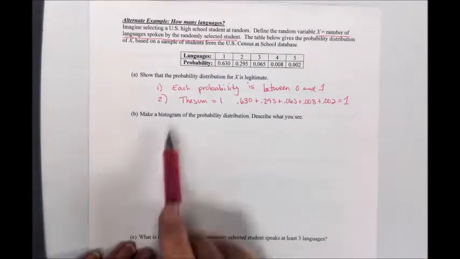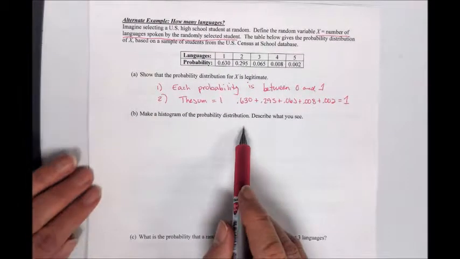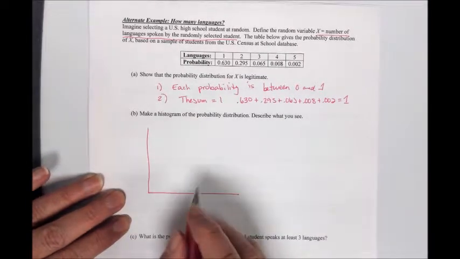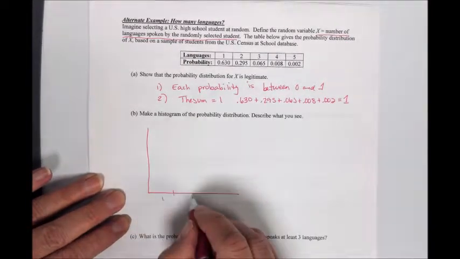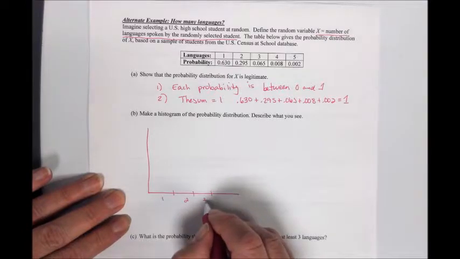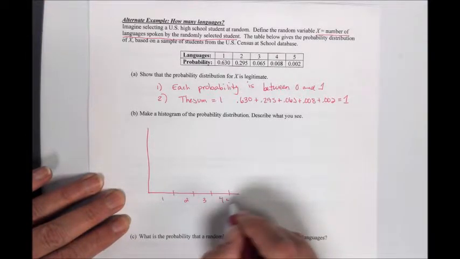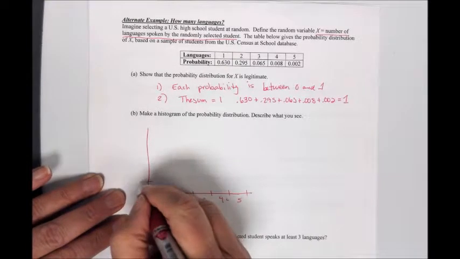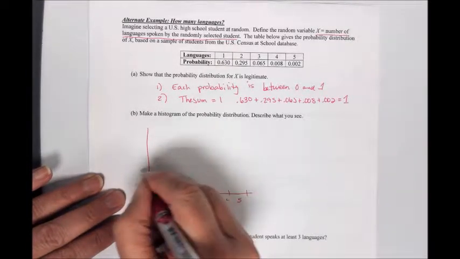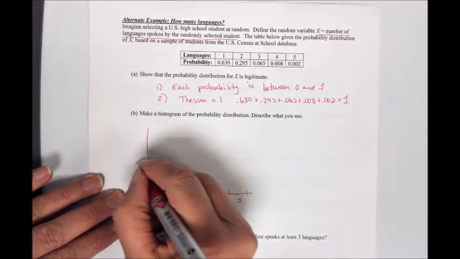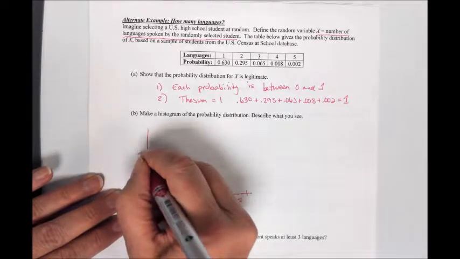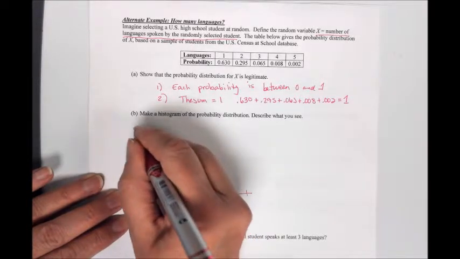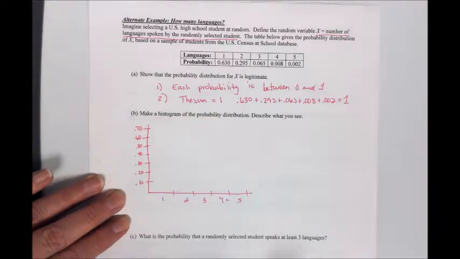So if I wanted to make a histogram, this goes back to chapter 1. So I have my outcomes, and then my highest probability is 0.63, so I'm going to count by 0.10s. So I just have to go up at least to my highest.